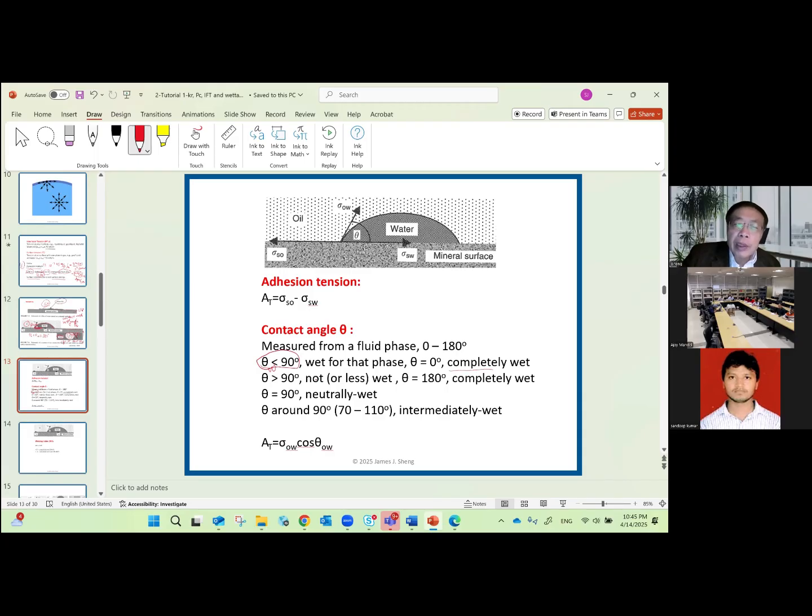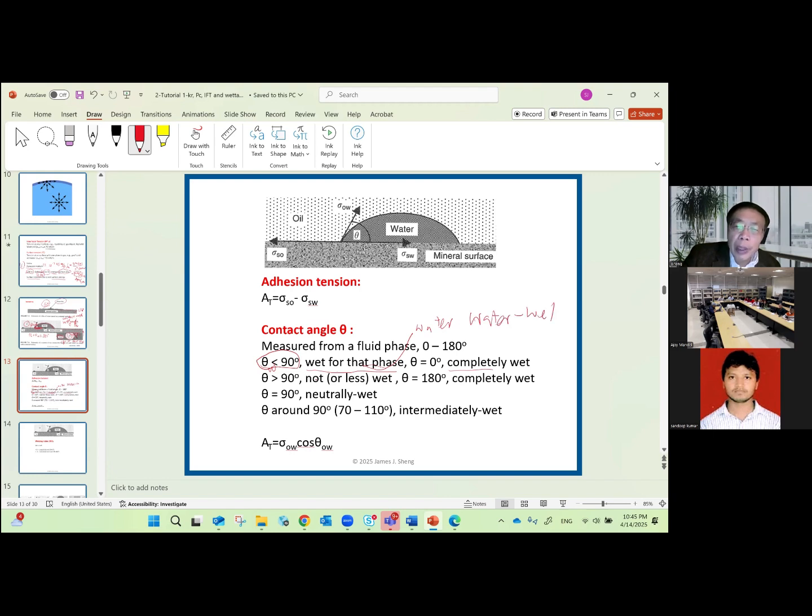Here is the general definition: it is the wetting for that phase. That phase here is the water phase. So in this case, it is called water wet.